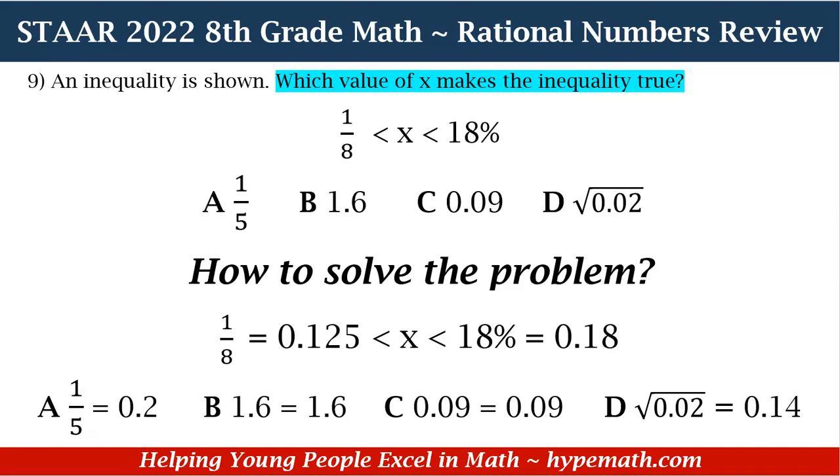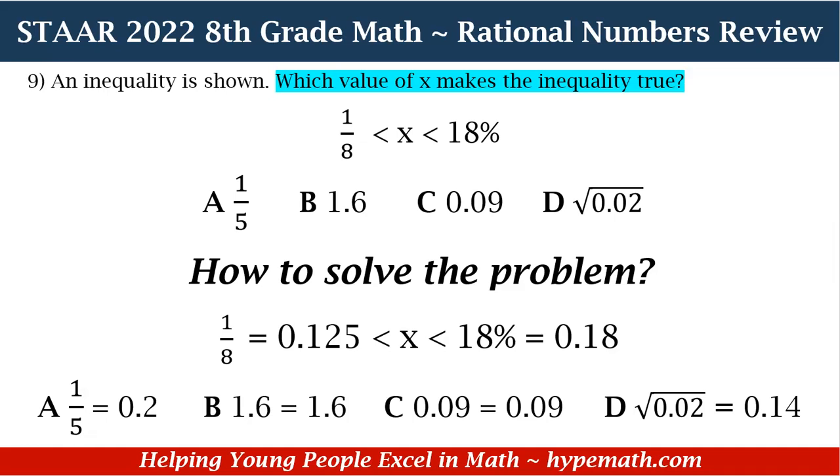We have A, we know that 1/5 converted to a decimal is 0.2. Okay, so yes, 0.2 is greater than 0.125. However, 0.2 is not less than 0.18, so A is incorrect, okay?